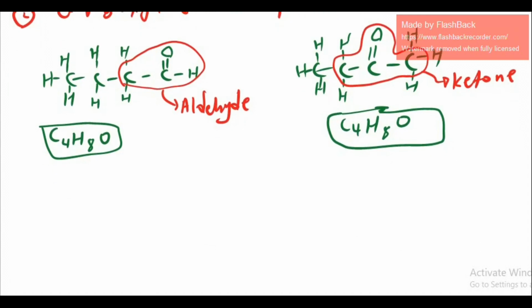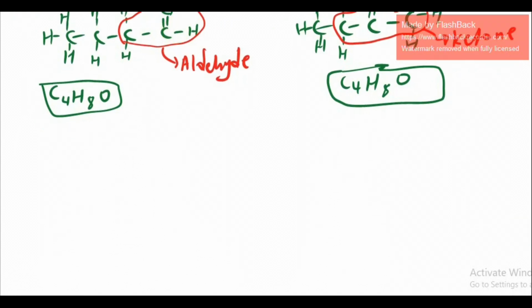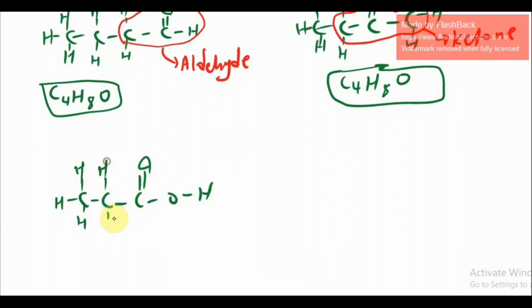Now let's look at this compound and write the isomer of it. This is a hydrogen, then we have this OH, so this one is a carboxylic acid.